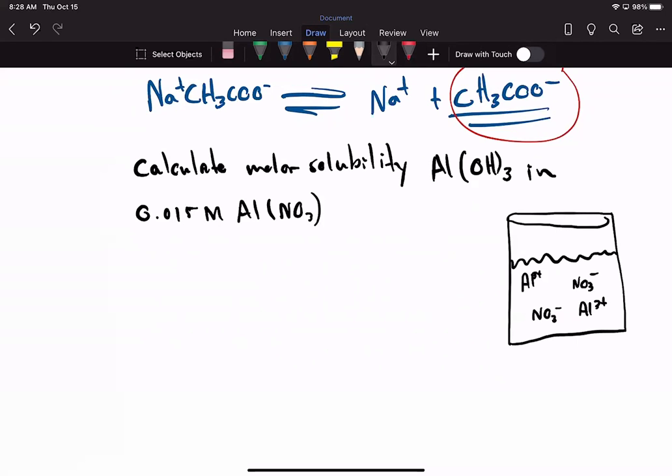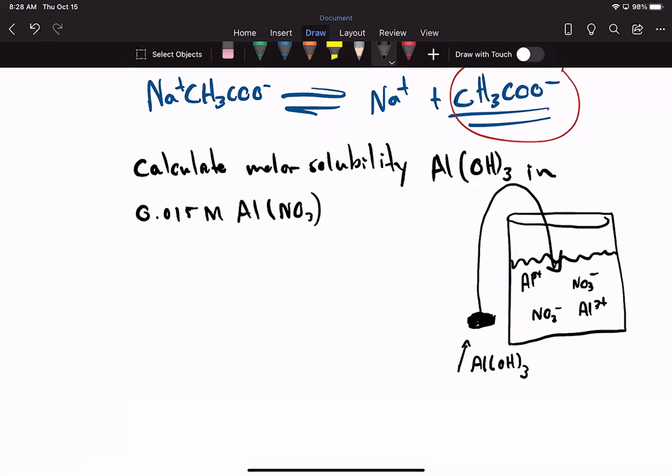And here I have this little chunk of aluminum hydroxide, a solid piece of aluminum hydroxide.